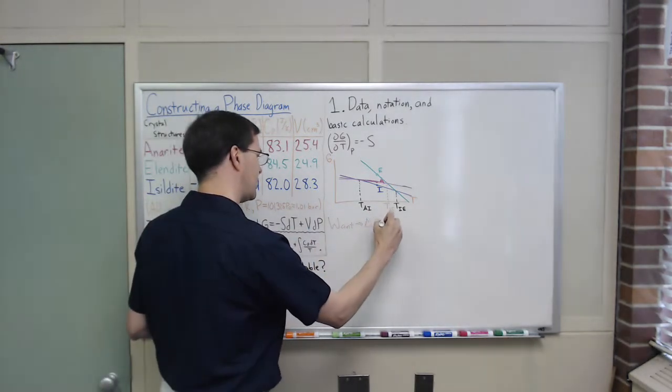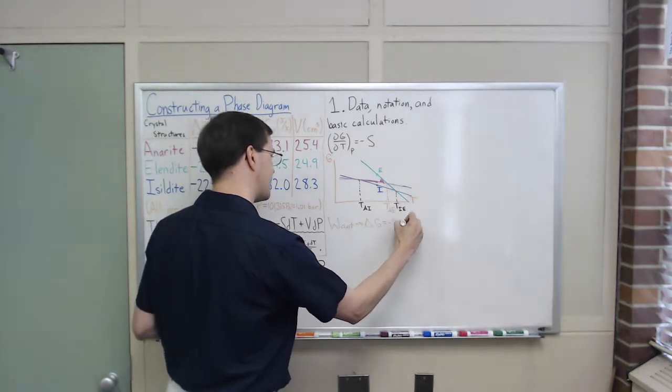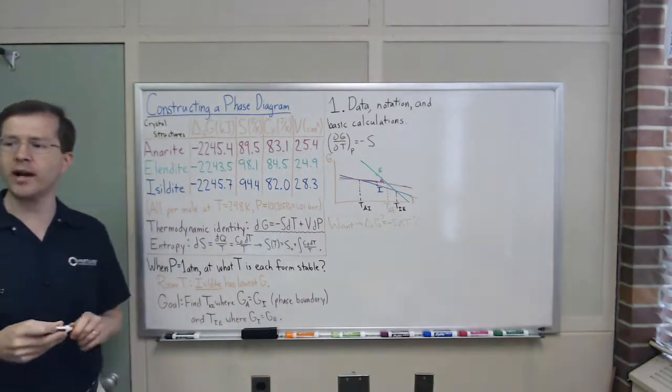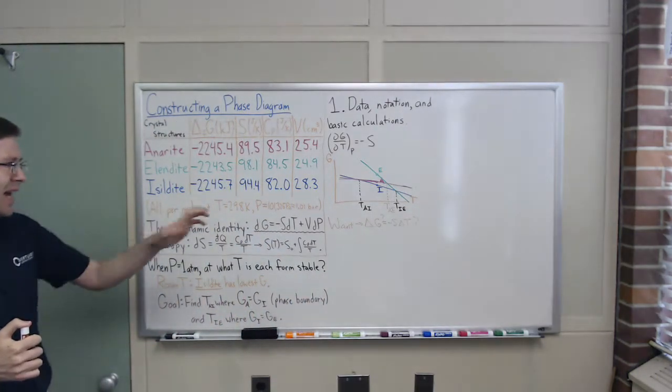Delta G equals minus S delta T. That's kind of what I want to do, but that's dangerous.